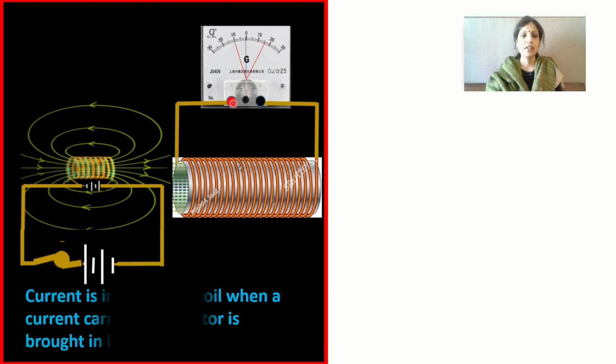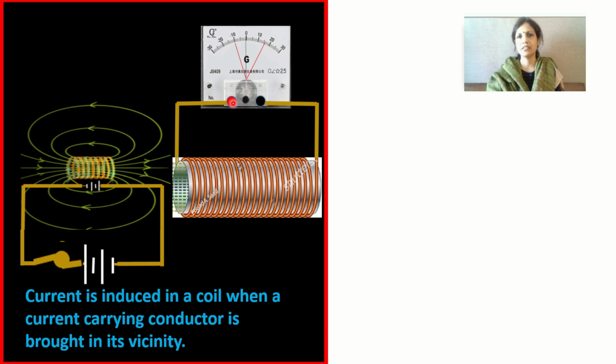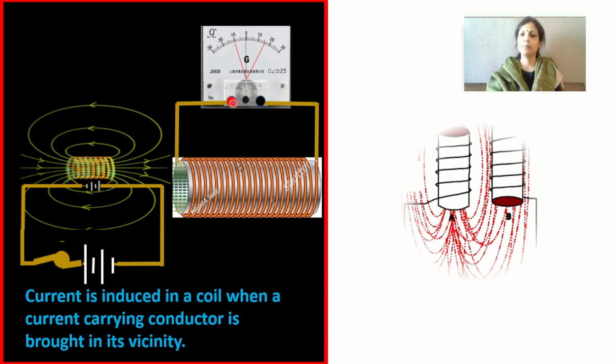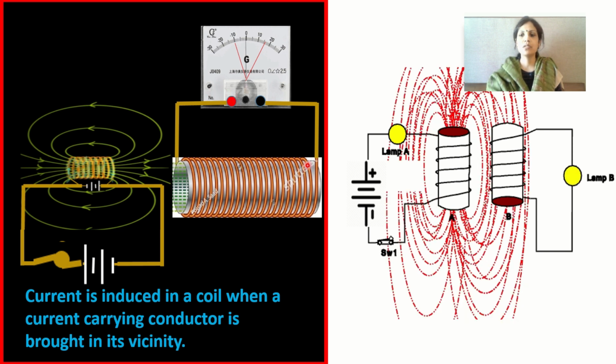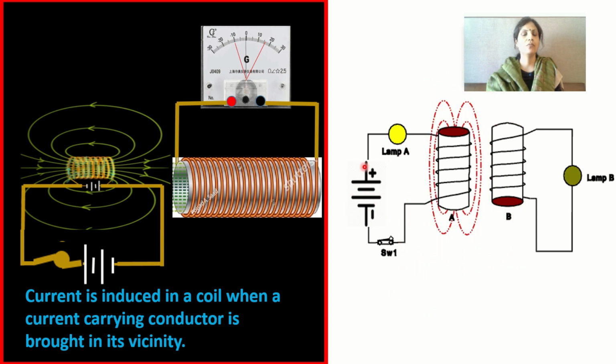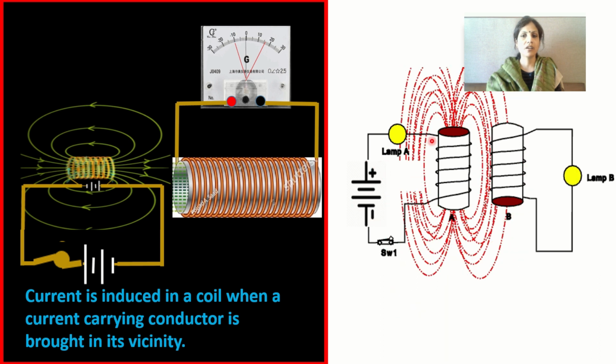So we can say that current is induced in a coil when a current carrying conductor is brought in its vicinity. Vicinity means what? When it is brought near to the current carrying conductor. Have a look at this, children. See, the magnetic field is produced around a coil when you pass electric current through it.